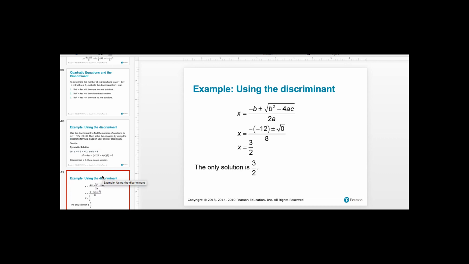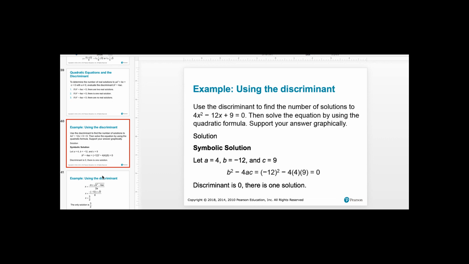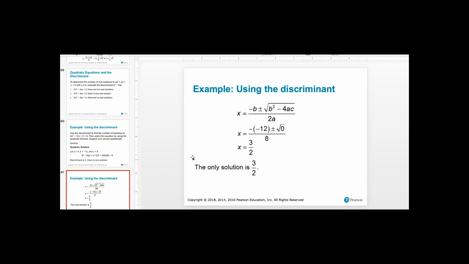Here is using the quadratic formula on that same example. Again, the a's, b's, and c's are just coming from this one. You already have the discriminant here. So notice in here we went straight to having 0. The square root of 0 is 0, so adding or subtracting 0 just goes away. And that just leaves you negative 12 over 8, which reduces to 3/2.